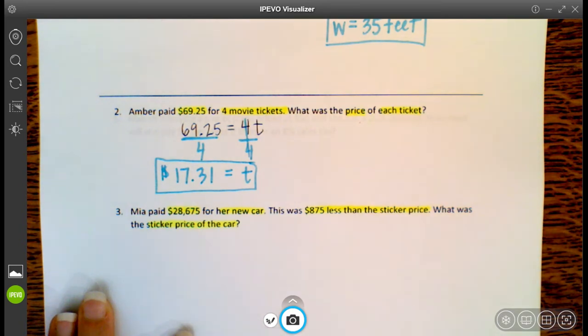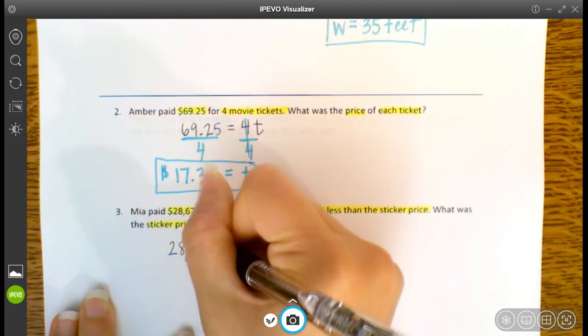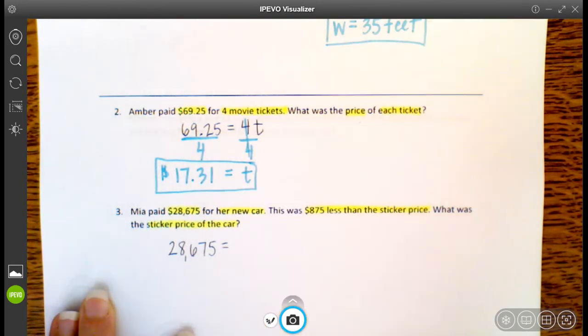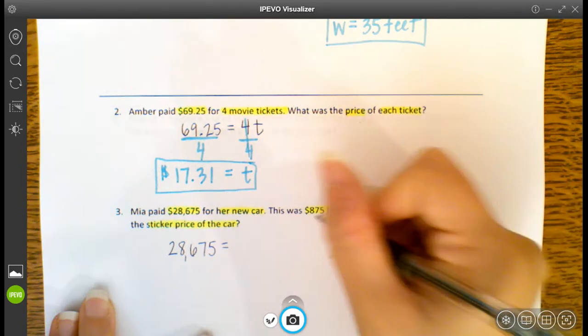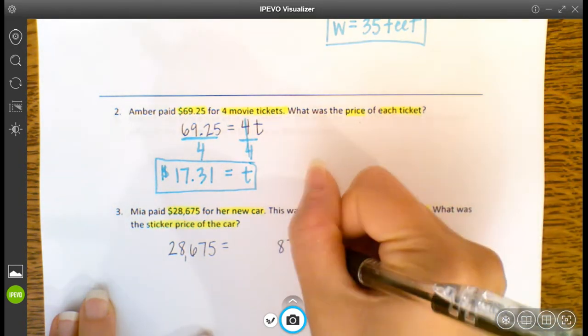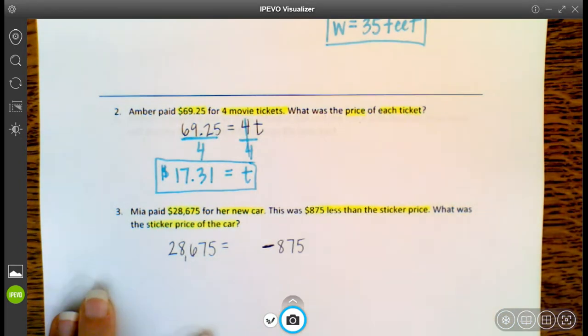So let's take a peek here. So she paid $28,675, but this was $875 less than the sticker price. So I'll put P for price. All right. So $875 less than the sticker price of the vehicle itself.